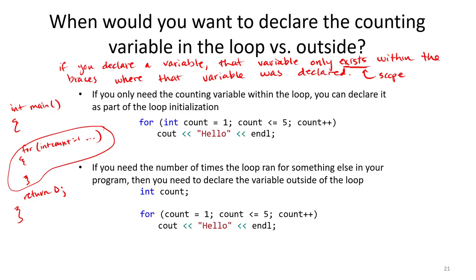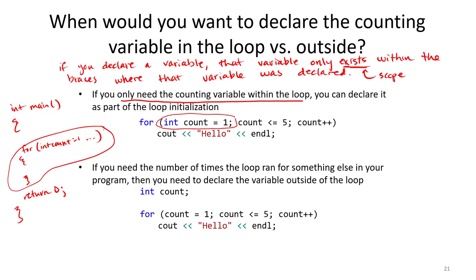Here's the general rule. If you only need the counting variable inside the loop, you can declare it as part of the for loop. So we might only need count to output hellos, and then we're completely done. So if that's the case, just declare it in the for loop.